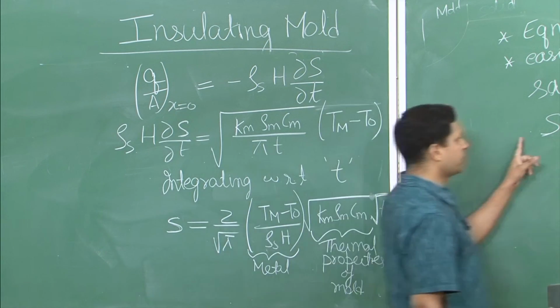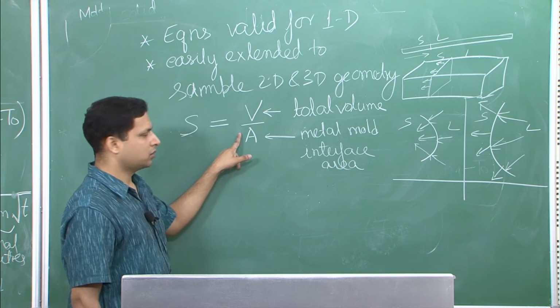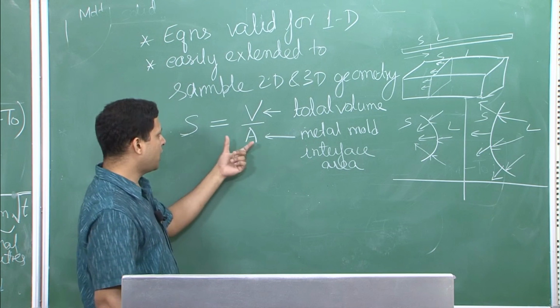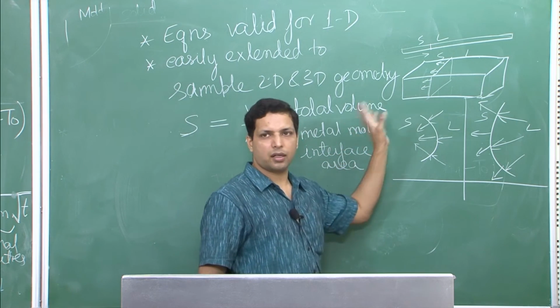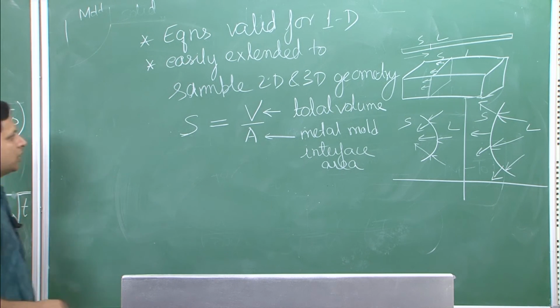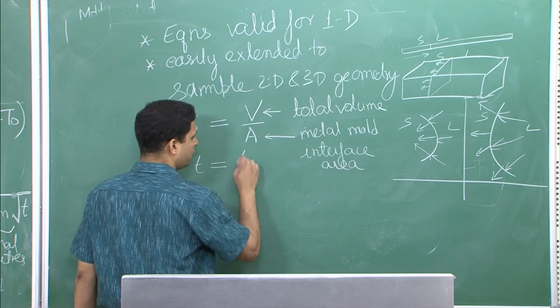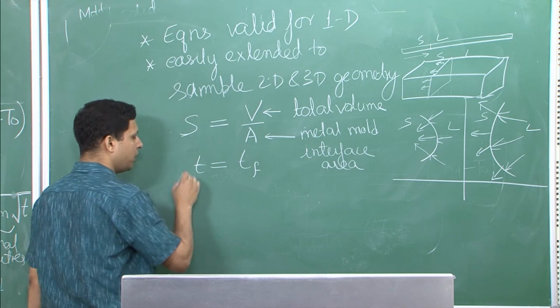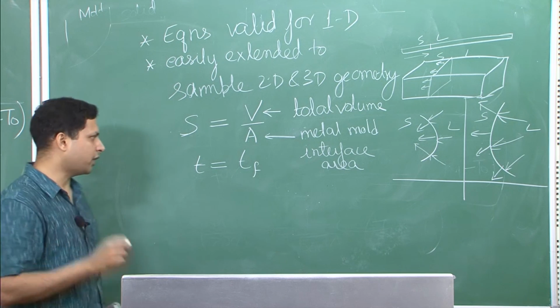So at that point S can be said as V divided by A. See, the dimensions are the same, and as far as simple geometries are concerned, V over A remains the same quantity as what we derived earlier. And this will also imply that t will have to be equal to Tf. So it is not a variable anymore, it is the total time that has been taken for solidification.